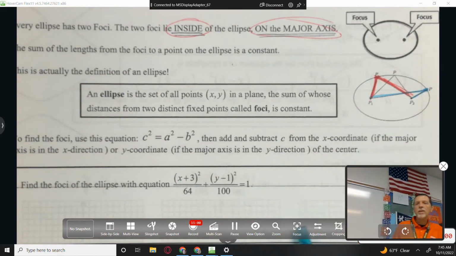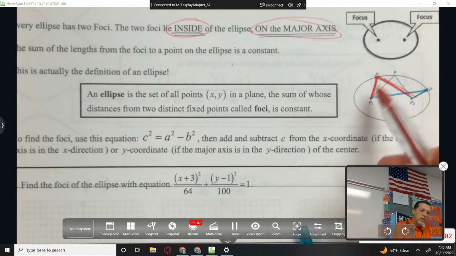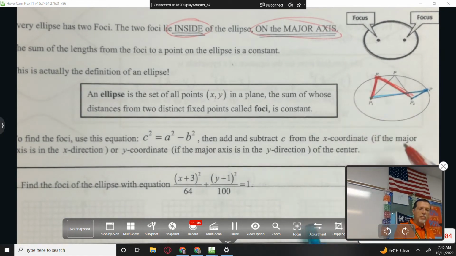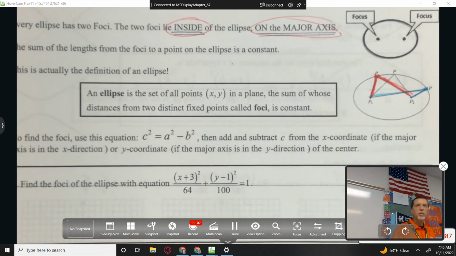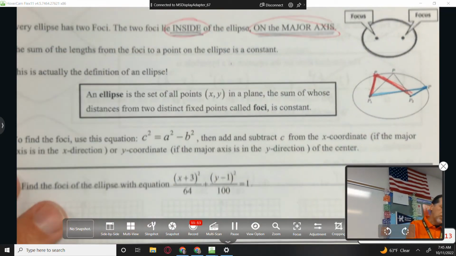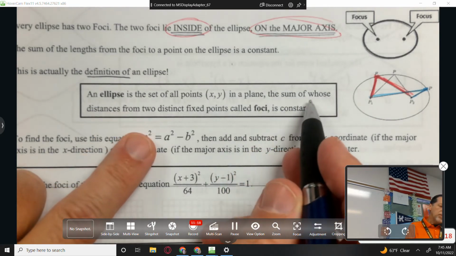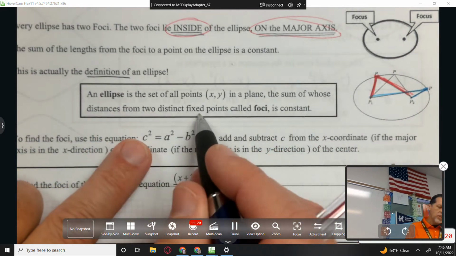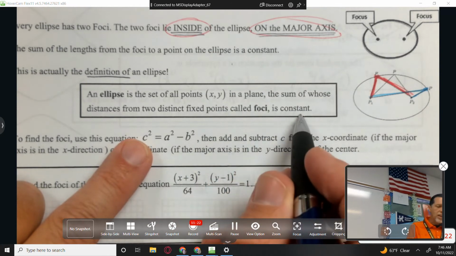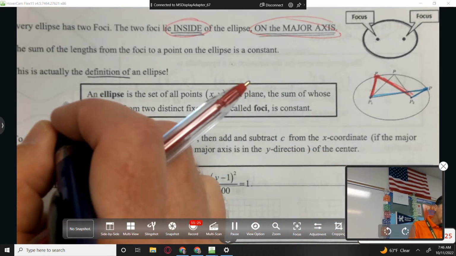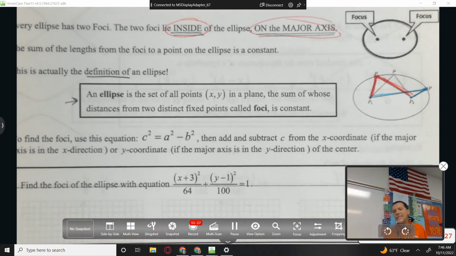You probably can't tell by looking, but if I did red piece plus red piece, that would equal blue piece plus blue piece. That's one way to define an ellipse. In fact, that is the definition of an ellipse. An ellipse is a set of all points in a plane, the sum of whose distances from two distinct fixed points called foci is constant. You don't really need to know that. That's where it comes from, but we don't really use that very much.